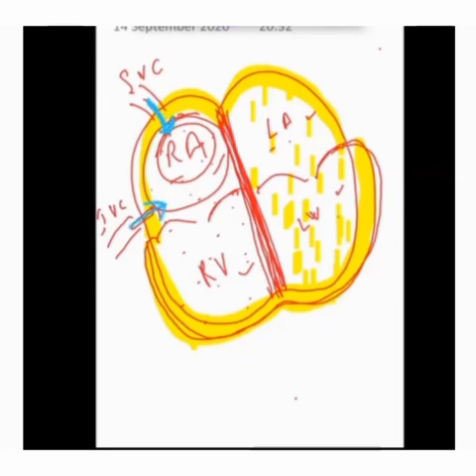Once the right atrium is filled, the blood moves to the right ventricle by the opening of these valves. On the right-hand side, the valve is known as the tricuspid valve. On the left-hand side, it is known as the bicuspid valve or the mitral valve. Basically these are the semilunar valves. The semilunar cups have a shape like this. They work passively on the basis of pressure.